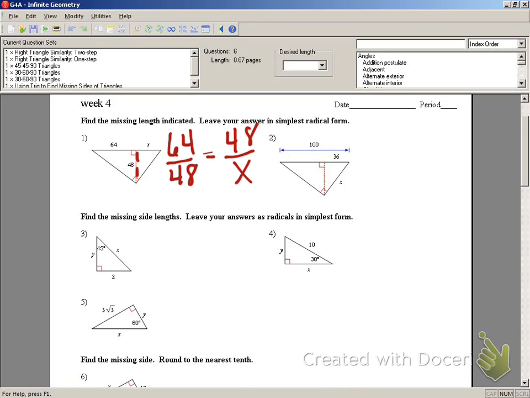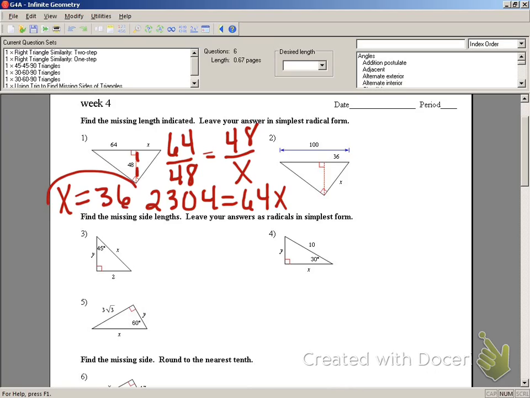So 48 times 48 gives us 2304, which is equal to 64x. Divide by 64, so x equals 36 for number 1. All we did is, the two pieces of the hypotenuse, when it's divided, that altitude is the geometric mean of those two values.